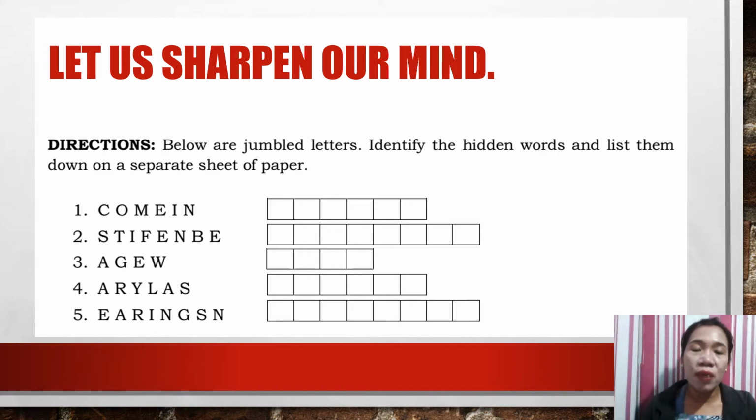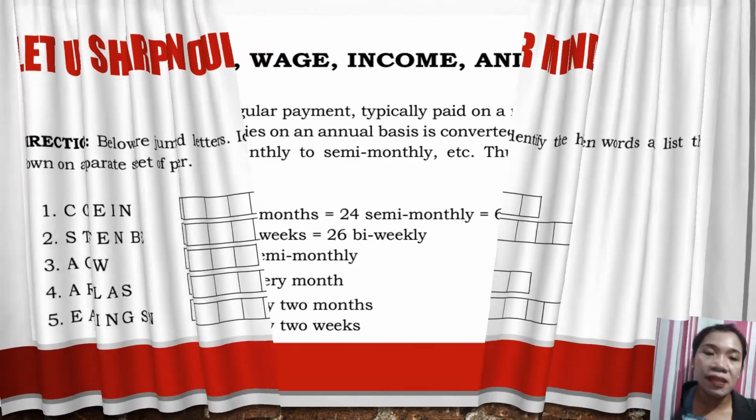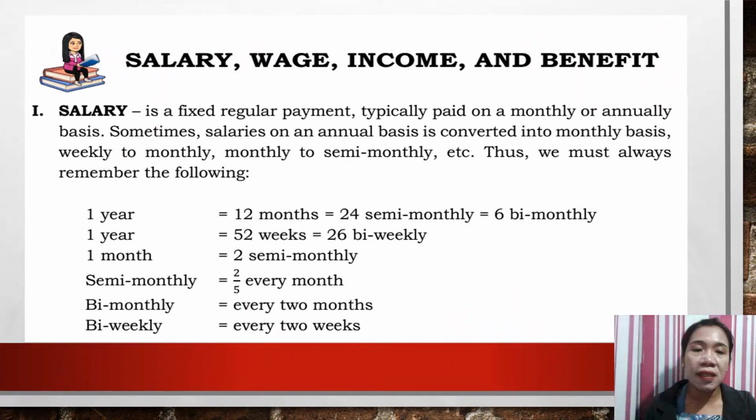Let us start with salary, wage, income, and benefit. Let's talk first about salary. Salary is a fixed regular payment, typically paid on a monthly or annual basis.